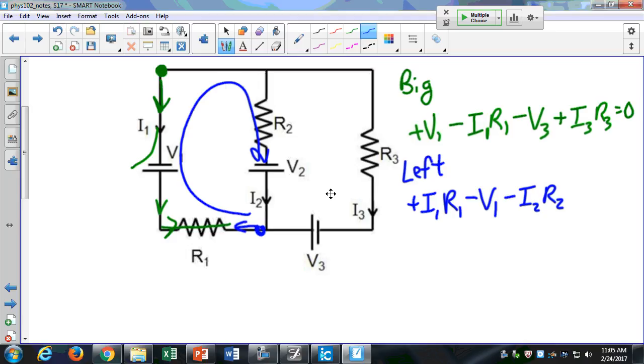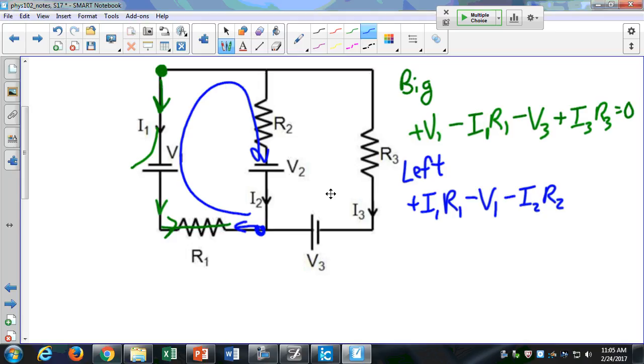So here, on the big loop, where did I start? I started right here. I had I1 R1. Over here I had V3, and here I have I3 R3. And then I come back to where I was. That closed the loop. Now I'm doing the left loop. I haven't finished it yet.